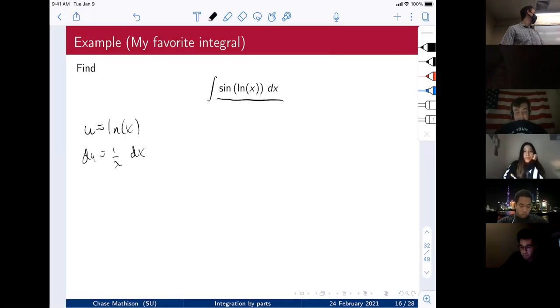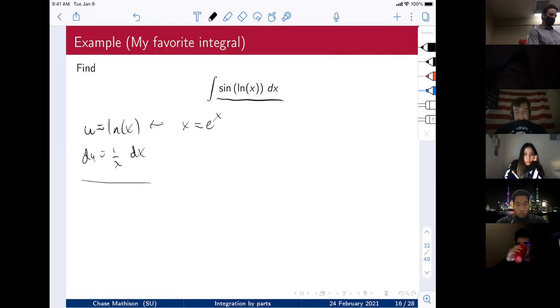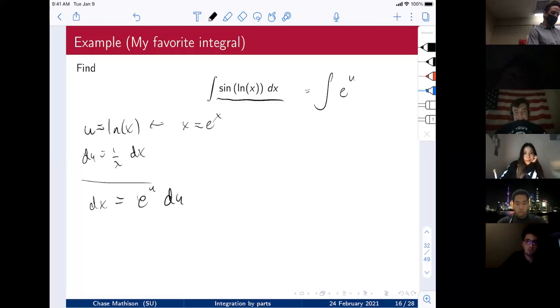But that doesn't really get you anywhere, because to handle this, you need to solve for x. x is e to the u, and so dx is x du, so it's e to the u du. When you plug all that in, you end up with sine of u times e to the u du, and you're still in an integration by parts situation.